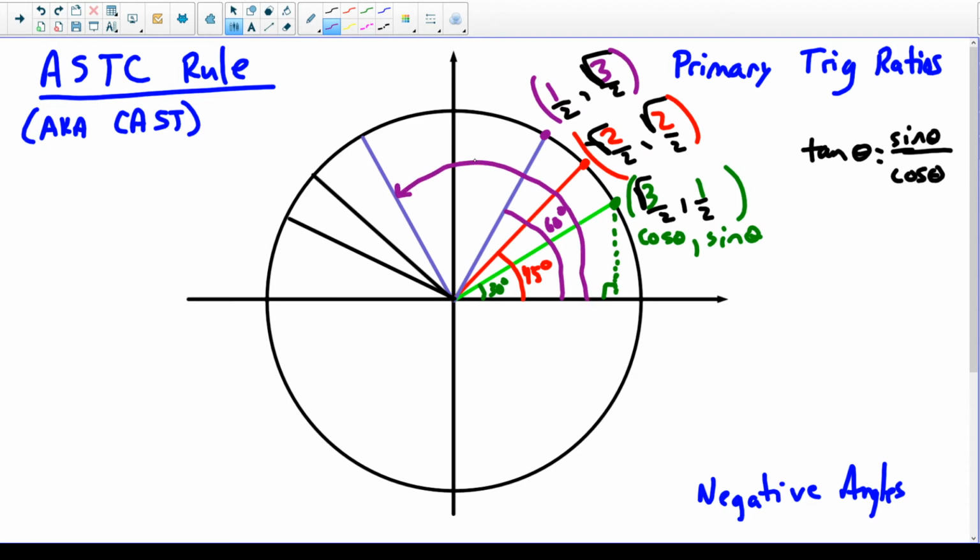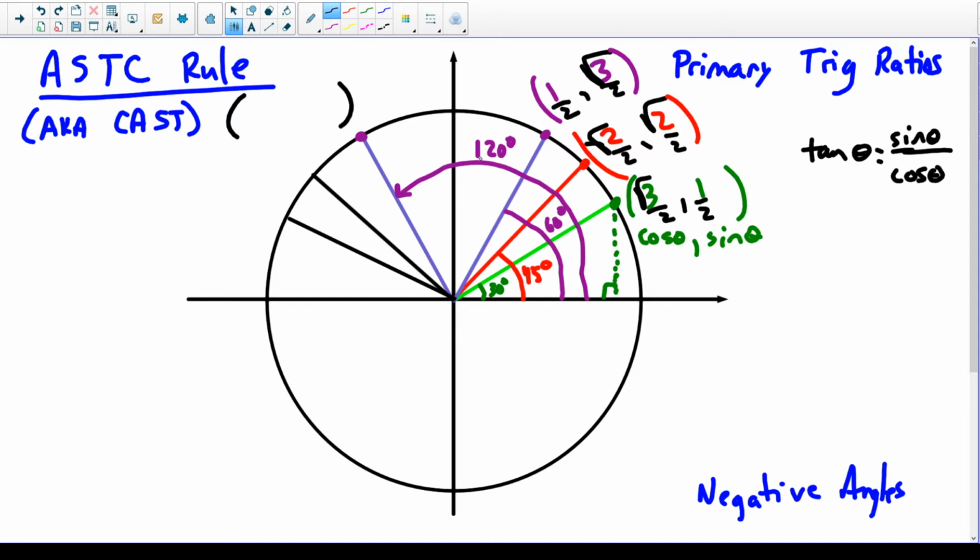Well, that angle is 180 minus 60, which is 120 degrees. I actually know the coordinates of that point as well, because it's just a mirror image of these points on this side. So now if I asked you, what is the cosine of 120?